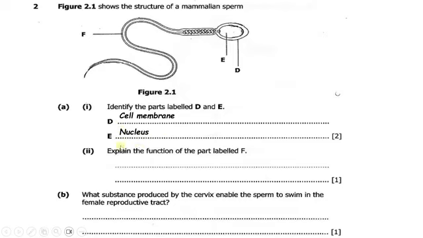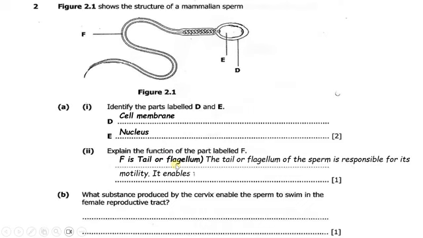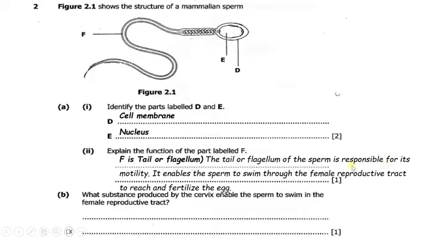Then part 2 says explain the function of the part labeled F. So this part from here up to here is a tail. So we are going to say that F is the tail, or it is also known as a flagellum. The tail or the flagellum of the sperm is responsible for its motility or movement. That is the function.